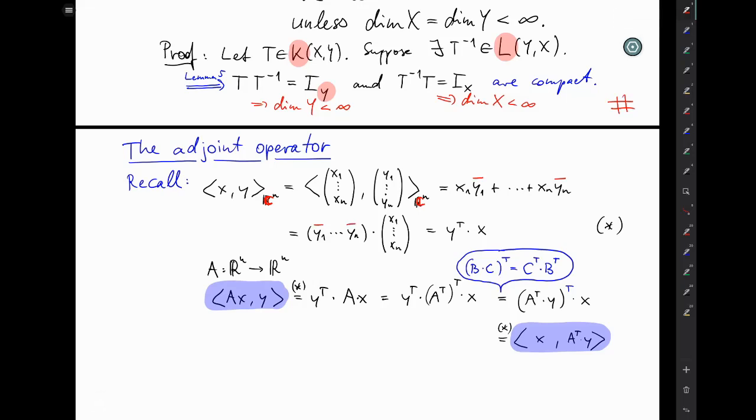Well, this procedure of passing from your column vector y to this row vector that is also complex conjugated would now be abbreviated not just by the transpose but by what we call adjoints. So we would put a little star here instead of just a transpose sign, right?